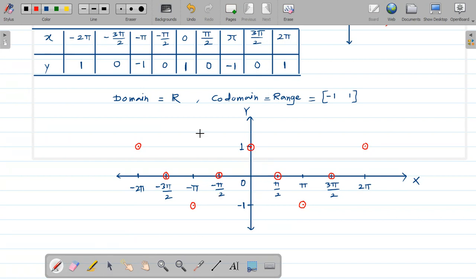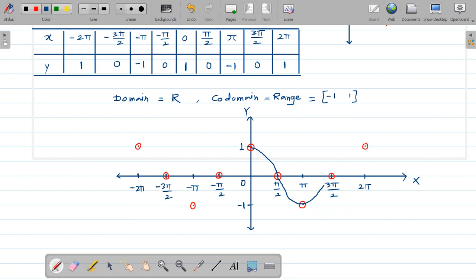Now you have to join these points by using a curve. So we will start with this point and connect all the points with the help of a curve like this. And this will be the graph of the cosine function.